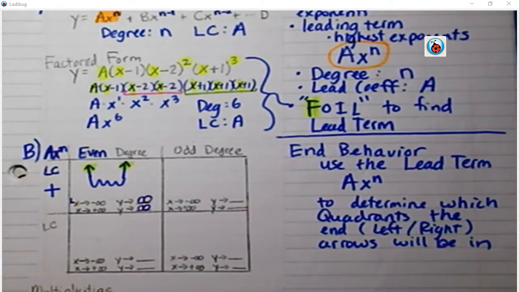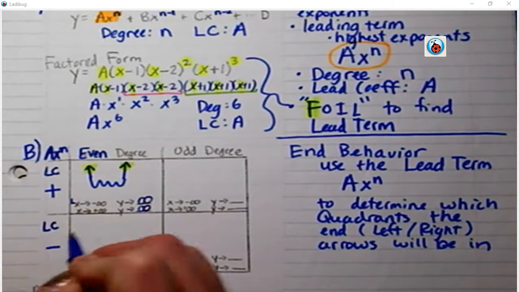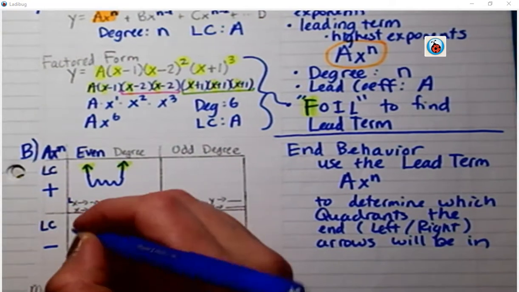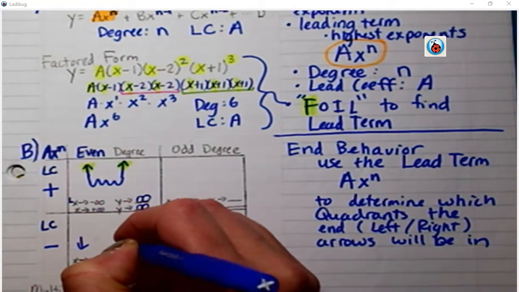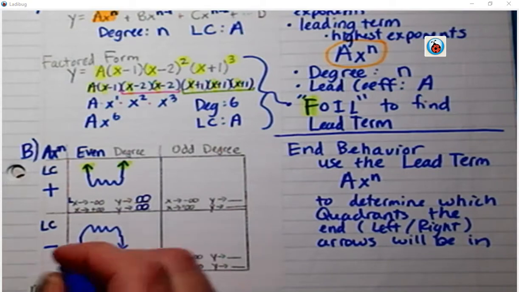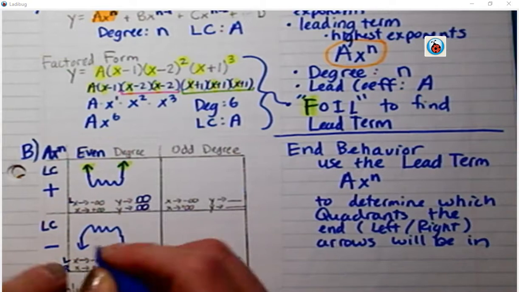Okay, so we're going to stick with even degree. What if our leading coefficient is negative? It opens down. Just like our parabola that opens down. Okay, so I'm going to draw a down with a couple extra turning points because I don't really know what that part is doing. Okay, so now we have the left side, right? The left side and the right side.